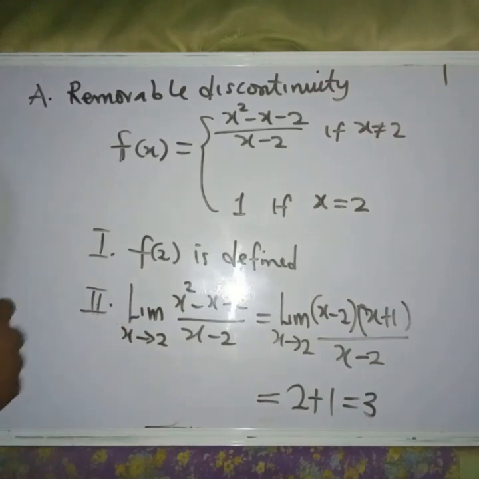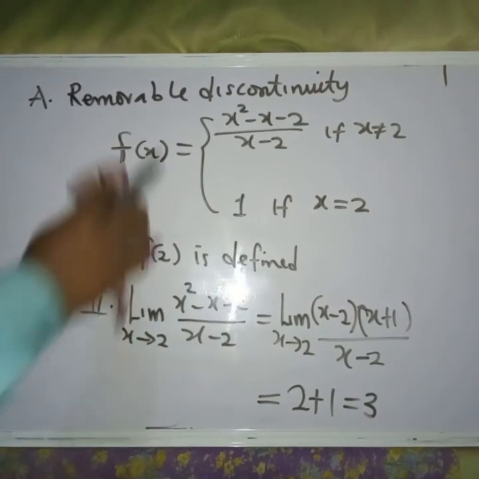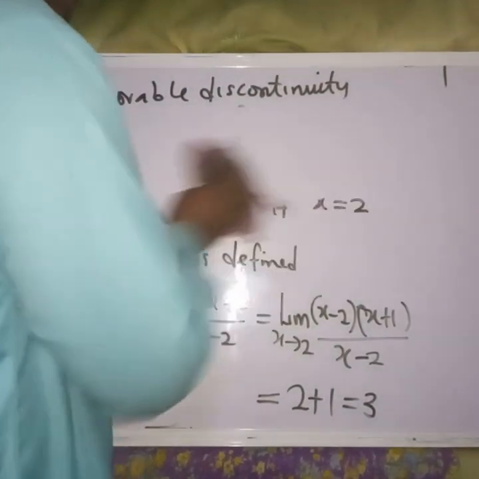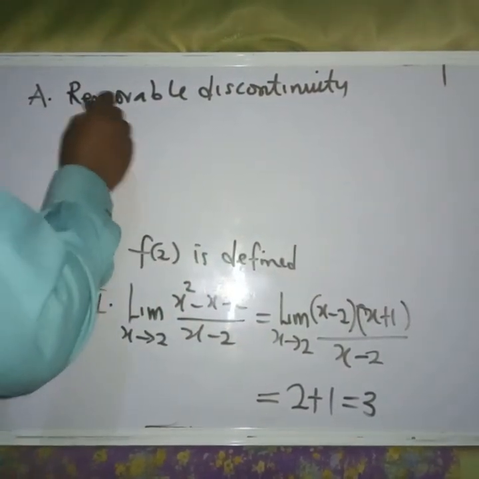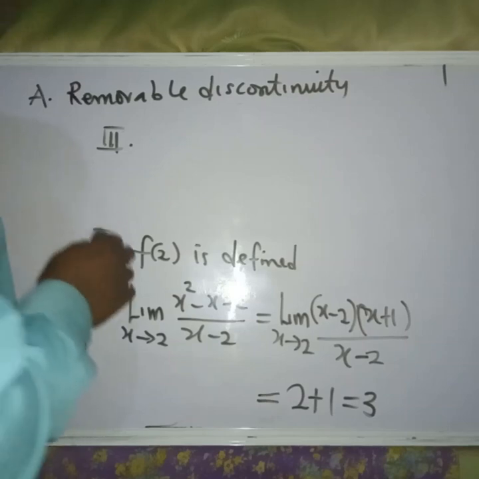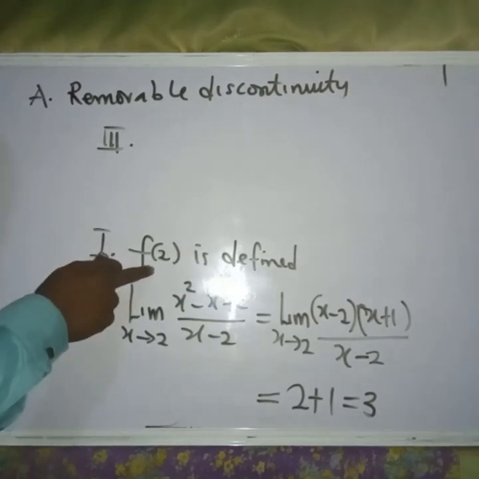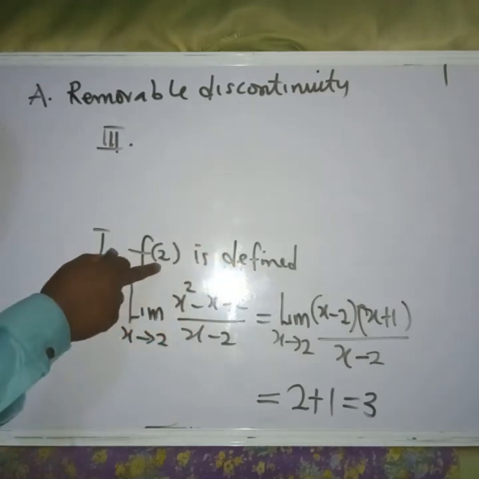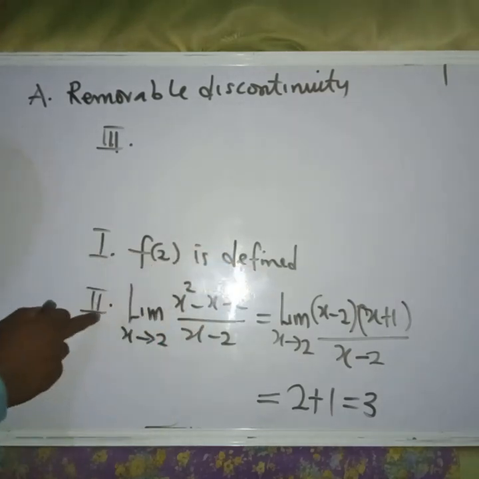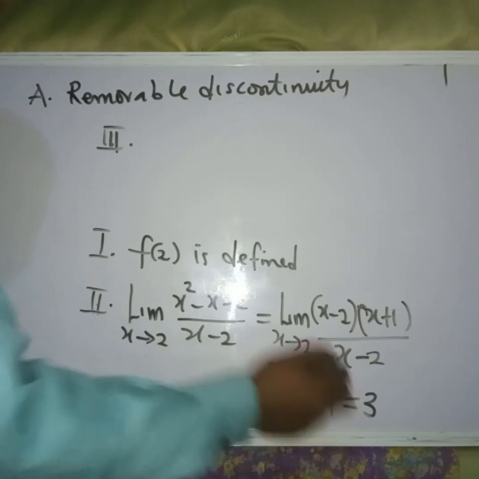For the third part, f of 2, according to the function, is defined and equal to 1, whereas the solution for condition 2 is 3.